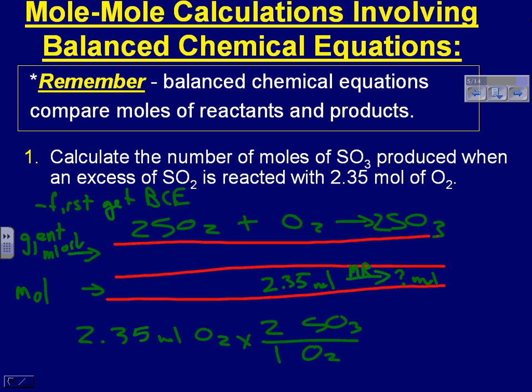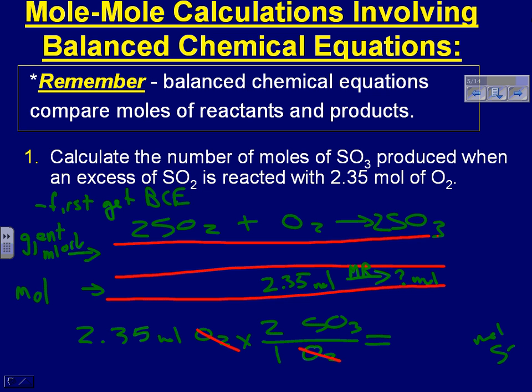How do I know I want it? The question asks it, and I've put a question mark moles in my mole line. That's what I'm looking to find. If I do some canceling, the O2s cancel away, and I'm left with a unit of moles of SO3. That's all I need. Now I can calculate it.